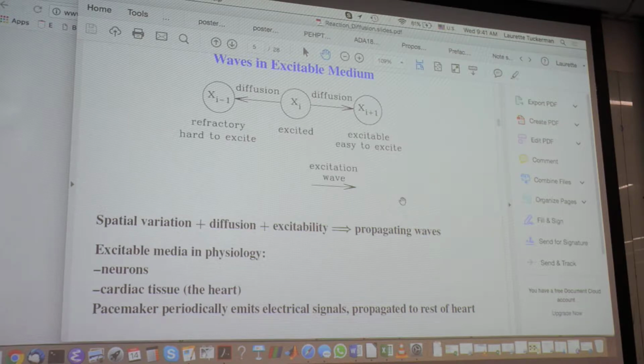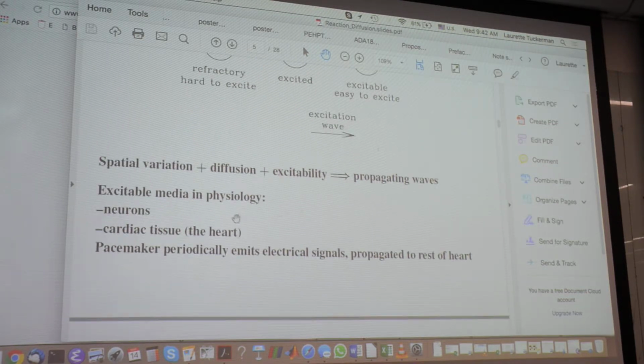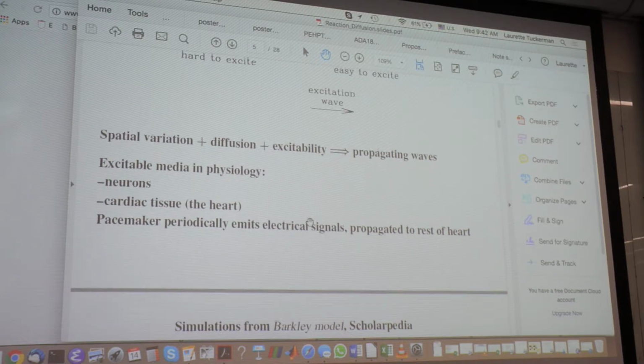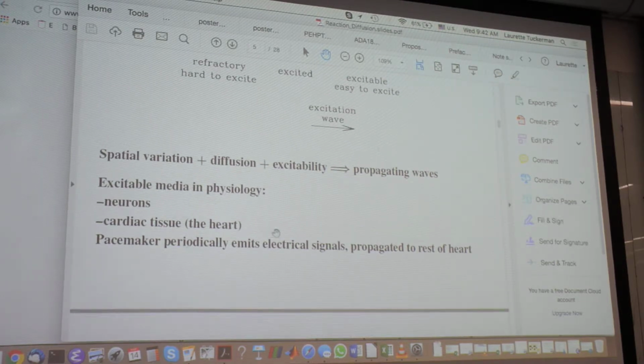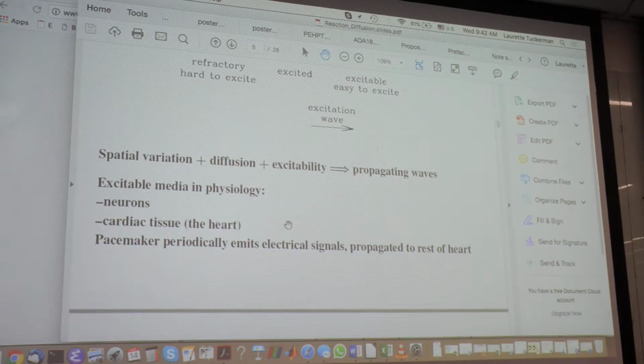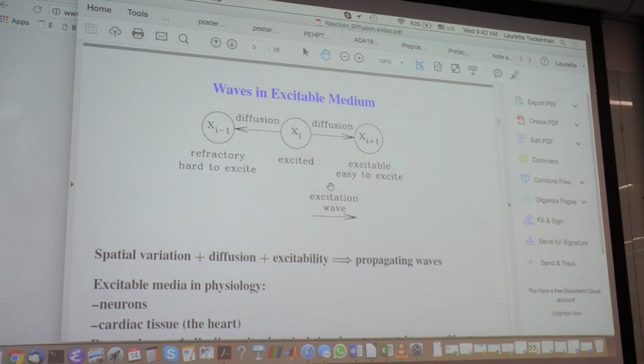This is how cardiac waves, the impulses in your heart, move. And this is how neural impulses, nerve impulses, move. In the heart in particular, you have the pacemaker, which is periodically emitting an electrical impulse, and they spread in one direction because of this property.